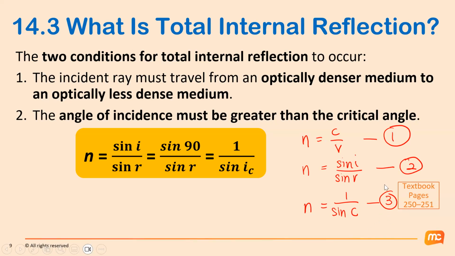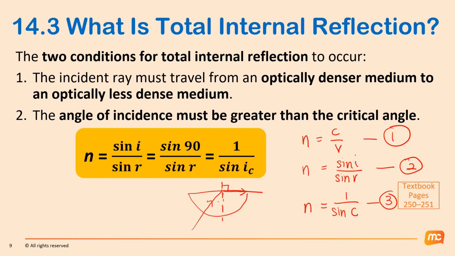The third equation comes about from the second equation. The second equation is N equals sine I over sine R. Remember, I must be the angle in the air. So for total internal reflection to take place, just now in the example of the glass block, you will see that for the critical angle, it happens like this.